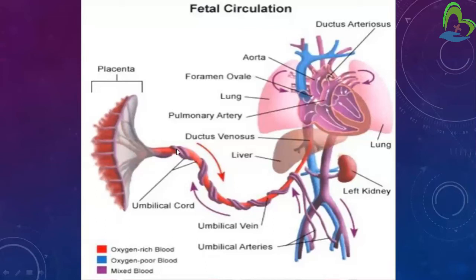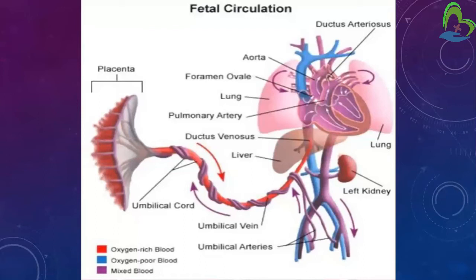In the umbilical cord, there are three blood vessels in total, that is two arteries and one vein. The oxygenated blood comes through the umbilical vein, and it goes to the inferior vena cava. Then in the inferior vena cava, there is the ductus venosus.